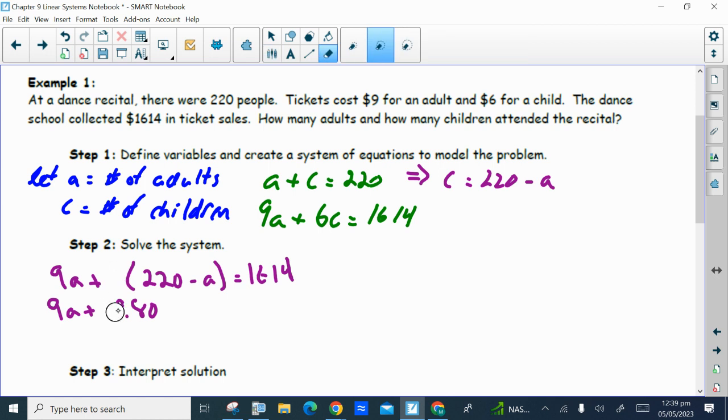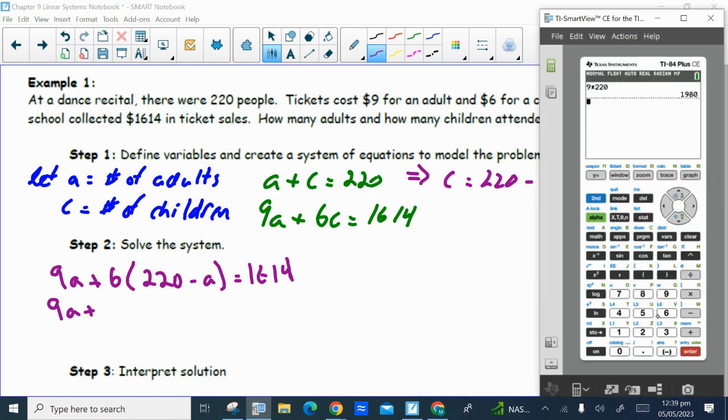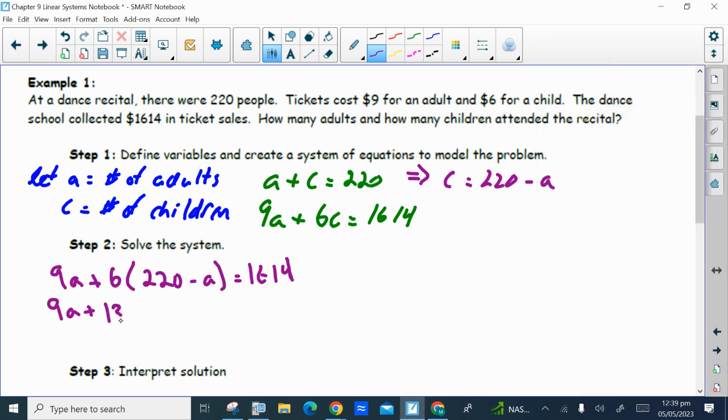That should be 6. So it's 6 times 220, is 1,320. Minus 6A, because you're going to multiply the 6 in front by the minus A as well, equals 1,614.